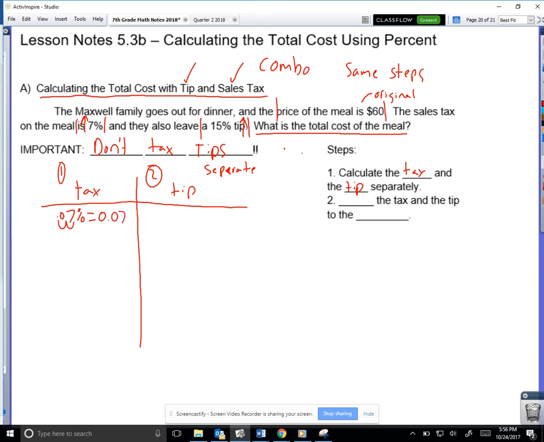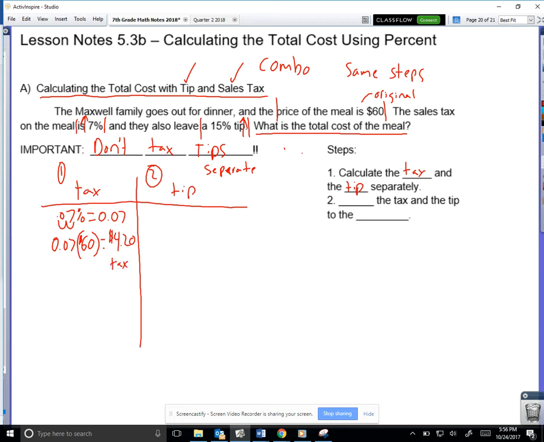Remember from our previous steps throughout chapter 5, we take 0.07 and multiply that by the price of the meal, $60. When we do that, that gets us $4.20. So that is our tax.